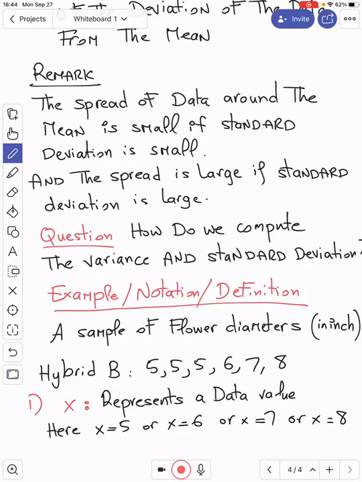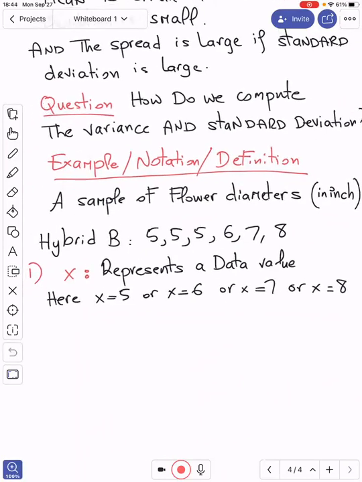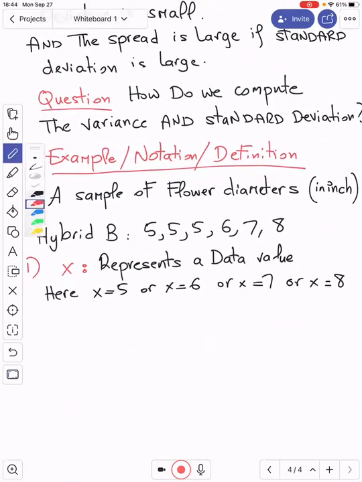X bar, of course, we know what X bar is. X bar is supposed to be the mean, the average. So second, I'm going to need the mean. X bar is equal to the sum of the data values over the size of the sample.